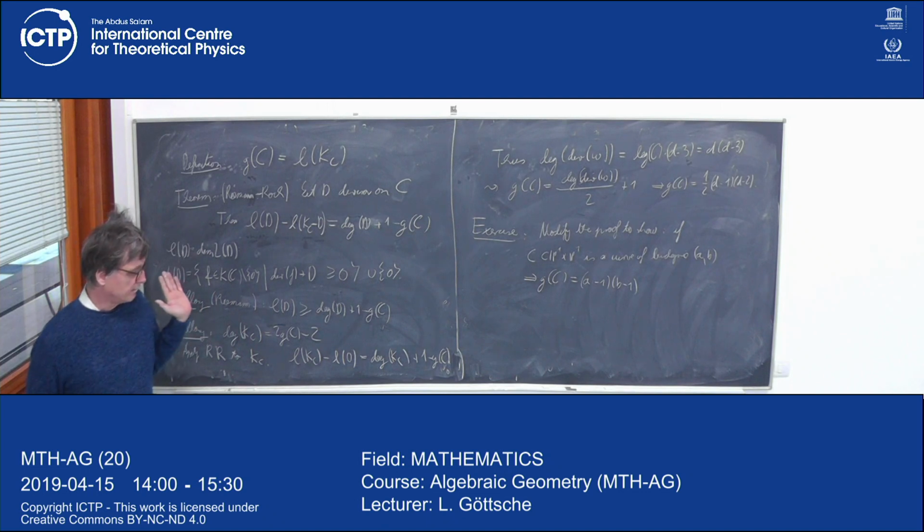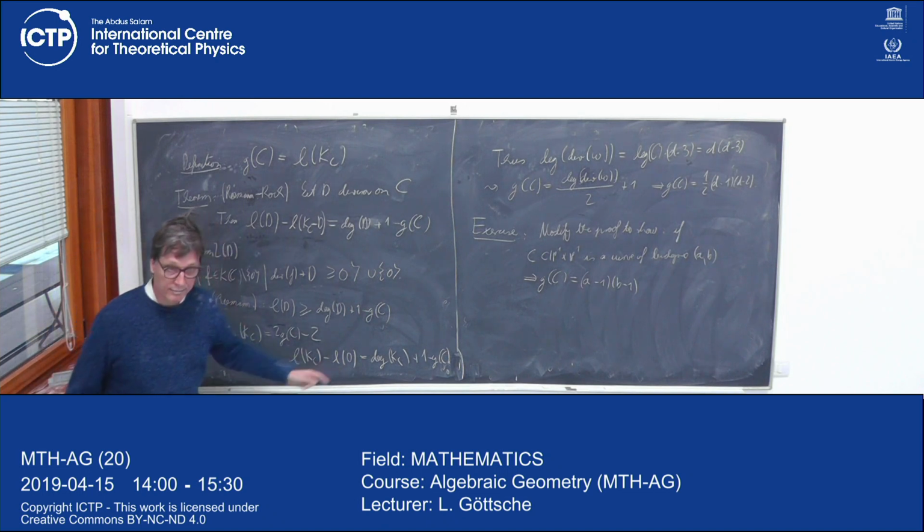We know that rational functions always have poles unless they are constants. So these are precisely the constants, and that means this number is 1.